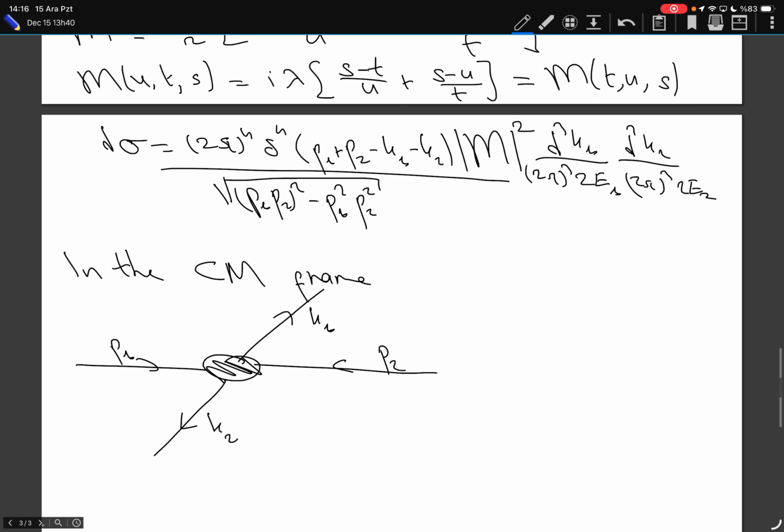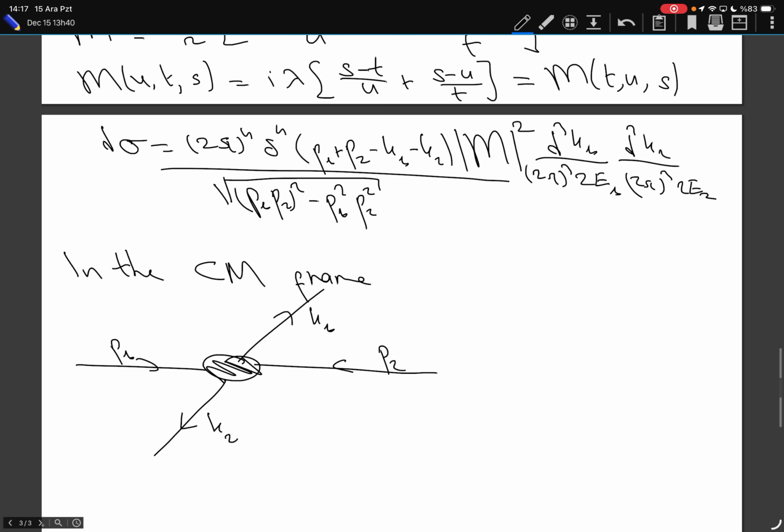If you look at my process, the incoming particles, the only direction they have is the collision line. What that means is I can rotate everything around this collision line and nothing should change. There's no other direction. Well, if I had, for example, fermions, spin 1/2 particles, the direction of their spin would have been another direction. And hence I wouldn't have this freedom of rotation.